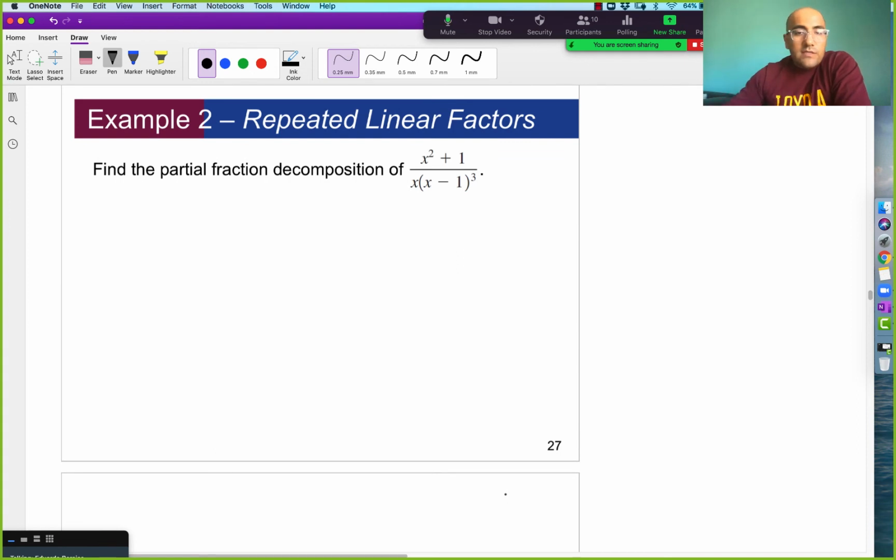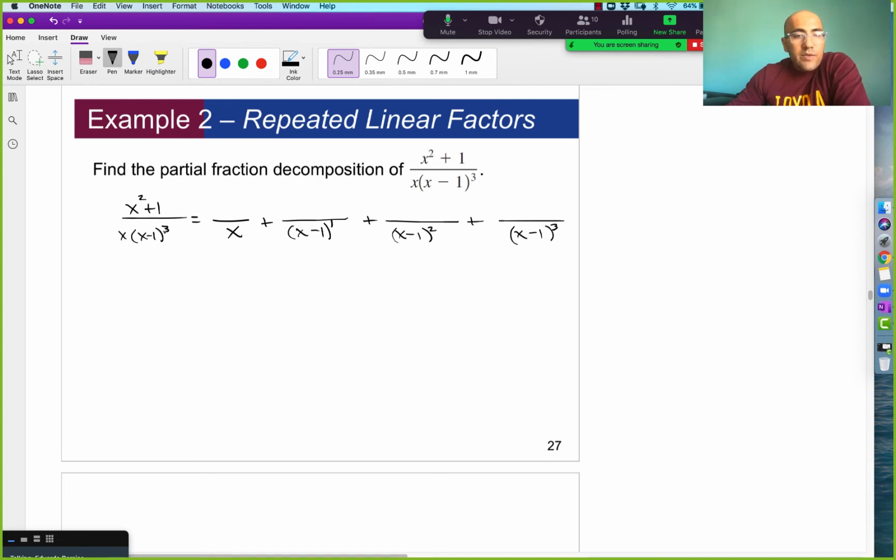So when I try and solve this, this is how I'm going to set it up. x squared plus 1 all over x times x minus 1 to the power of 3 is equal to one fraction for just the x, plus one fraction for the x minus 1 to the power of 1, plus one fraction for the x minus 1 to the power of 2, plus another fraction for x minus 1 to the power of 3.